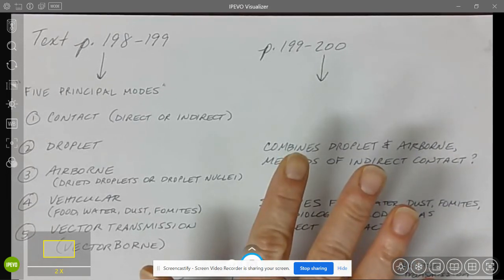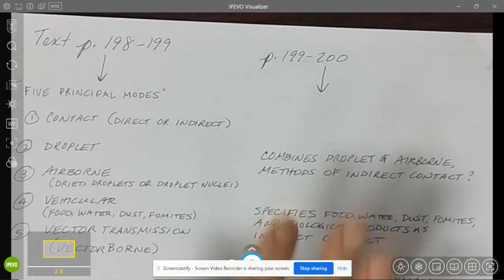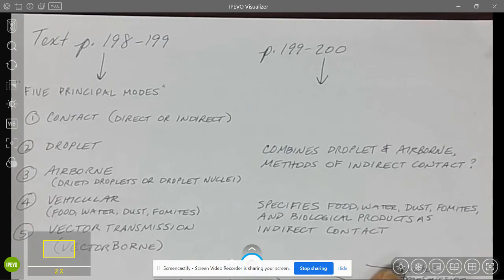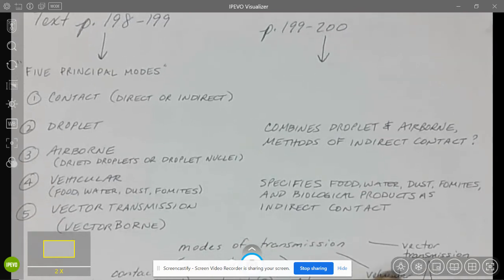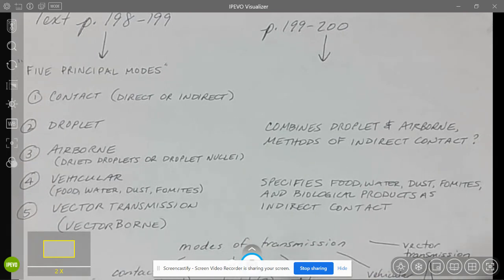They even kind of combine droplet and airborne together and indicate that those are methods of indirect contact. Then they talk about things like food, water, dust, fomites, biological products. They also talk about those things as indirect contact.